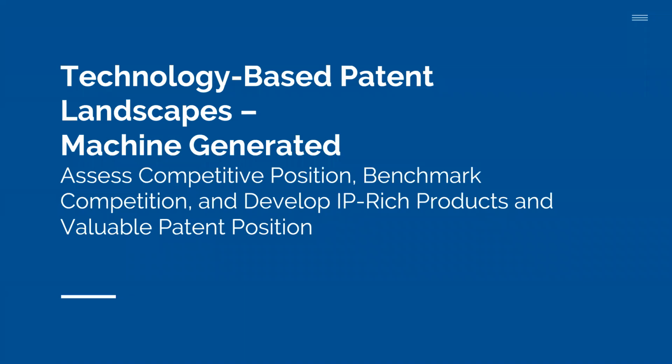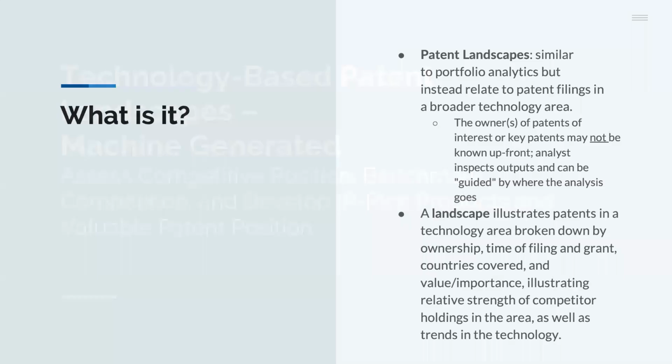The technology landscapes are the exact same thing I just discussed, except we're going to look at a technology area and at each company's position in that area. This is kind of repetitive of what we just talked about, so I'm going to go through these next few slides pretty quickly.